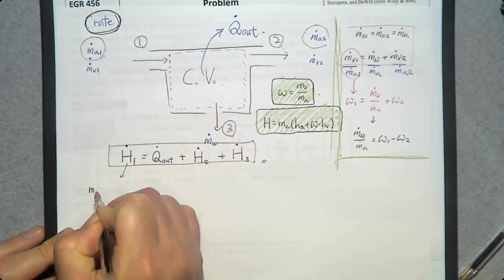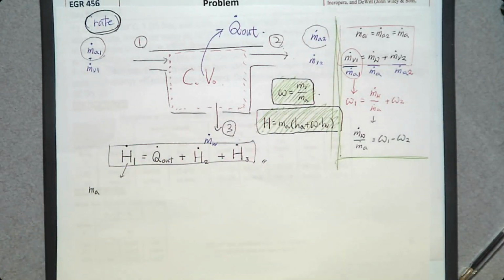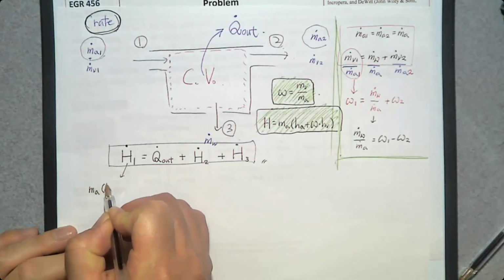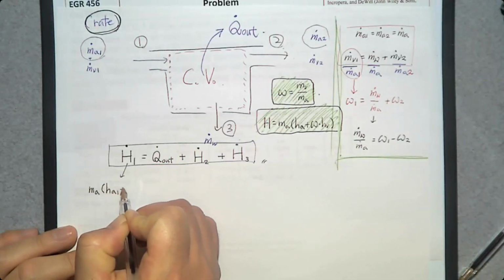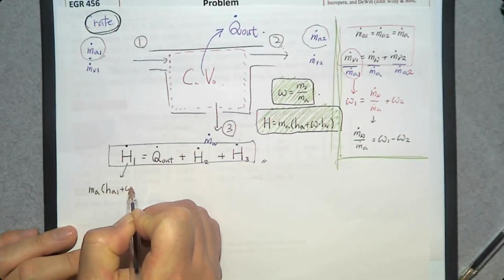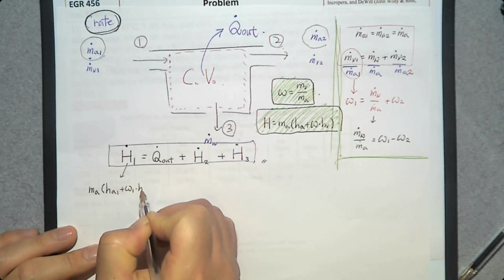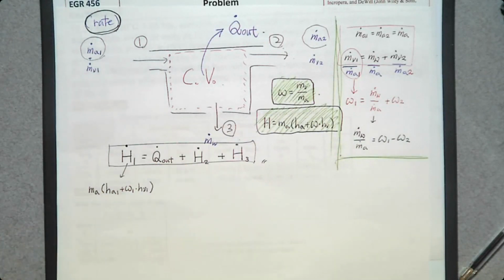So m dot A1, however, m dot A1 is the same as m dot A2, because there's no difference between them. So I'm going to just say m dot of A without the number 1. Then hA1 plus omega, the humidity ratio 1, hV1, that is from this definition of enthalpy, this equation.